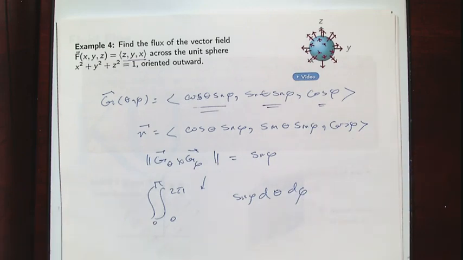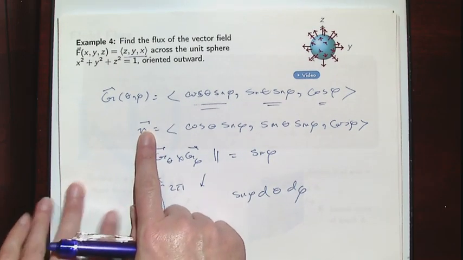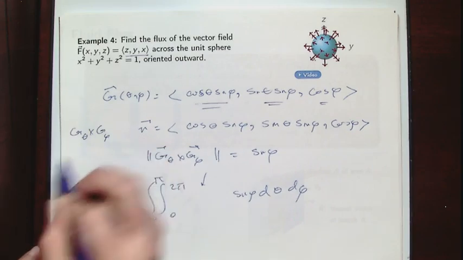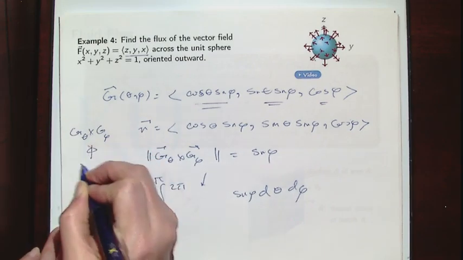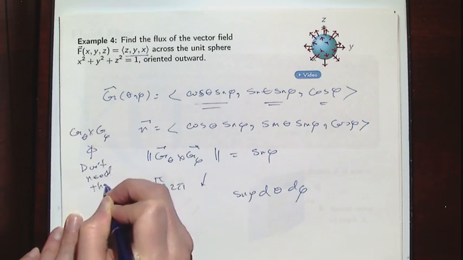We decided I really don't need to compute the little n through G sub. These are one of those cases that I'm not going to do this. Don't need that. Why?